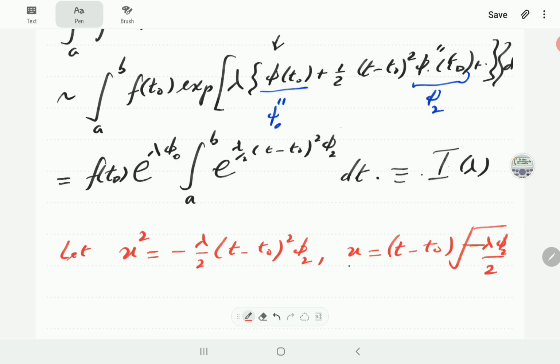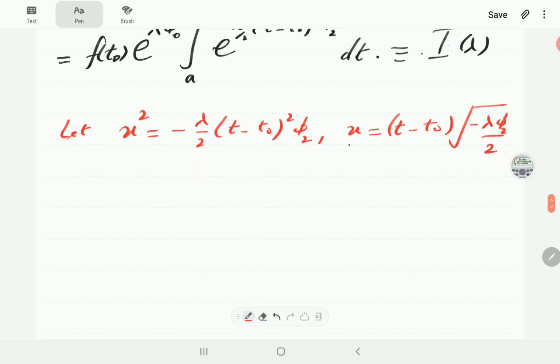This is fine here because this is a positive number, and then it means dt is going to be the square root of negative 2 over lambda phi 2 du.